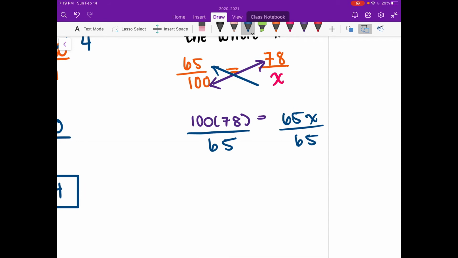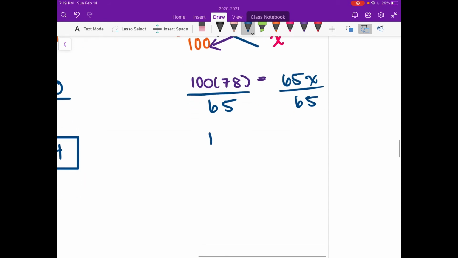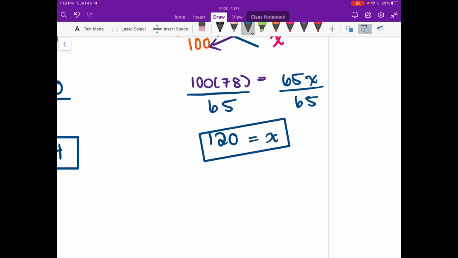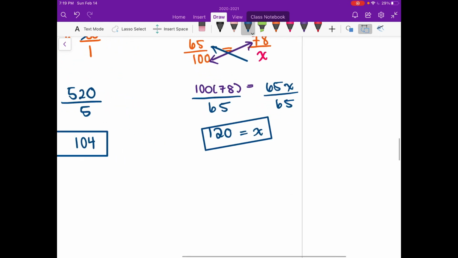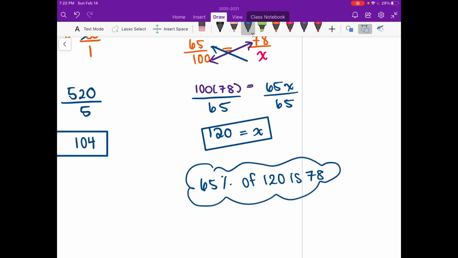So I have 100 times 78 divided by 65 is going to give me 120, and that's going to give me x, which means that the whole number that it's 65% of is 120. So 65% of 120 is 78, and that would be my answer that I would write here. Okay.